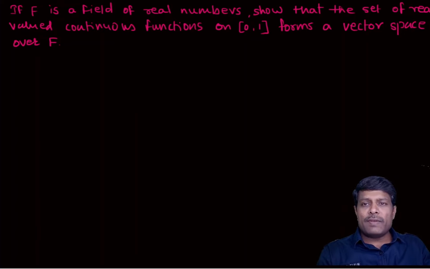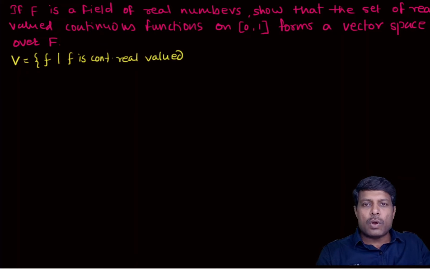Suppose I give a name to such a set containing real valued continuous functions; that name I am giving is V. V is the set of functions denoted by f, so that f is a continuous real valued function on the unit interval 0 to 1.